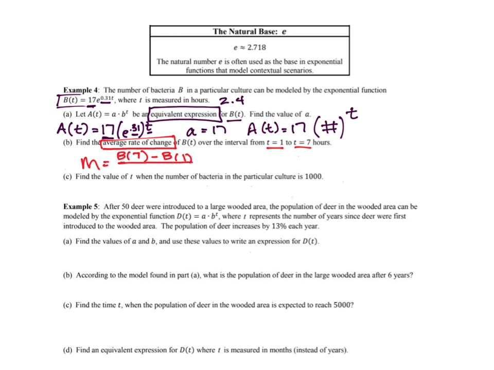So y2 minus y1 over x2 minus x1. What's x2? 7. x1? 1. Do y'all see what just happened? We've got a function B of t up here. We want to evaluate it at t equals 7 and 1. How do we find y2 and y1? We plug these numbers into our B of t function.